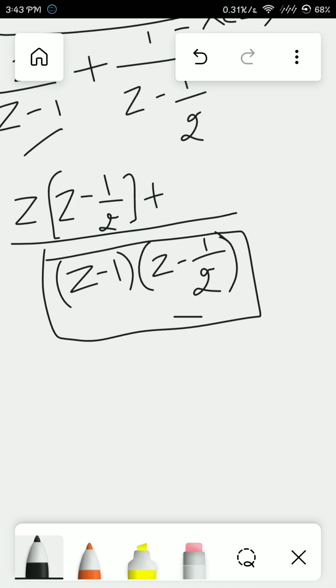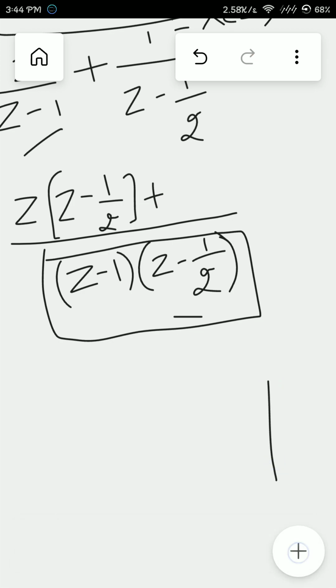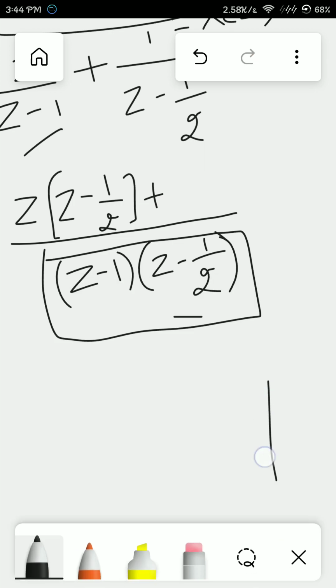Here also it is z. I forgot to write a z, let me push it up and write a z. Just a second, I'm sorry.